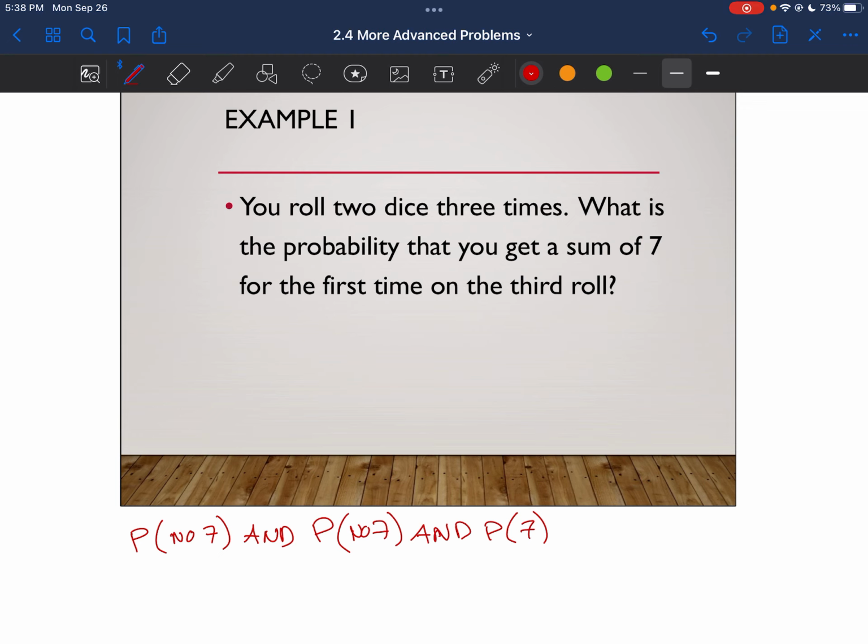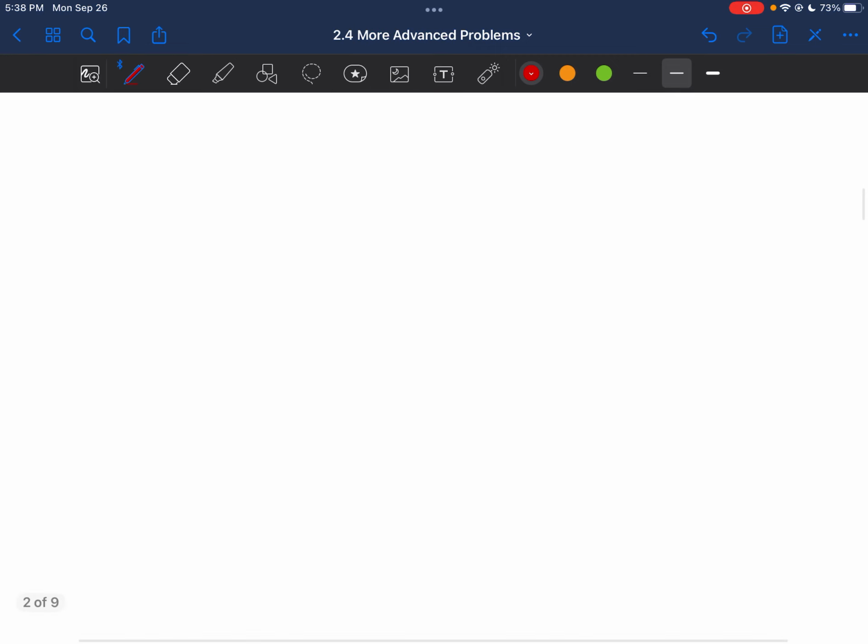I want to not get a 7 the second roll. And I want to get a 7 in the 3rd roll. So all of these things I want to be true. So that's an AND problem, not one or the other. This is an AND. And so I'm going to need my table here from before.